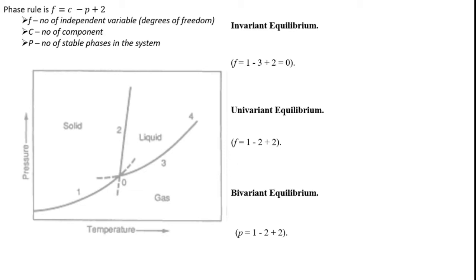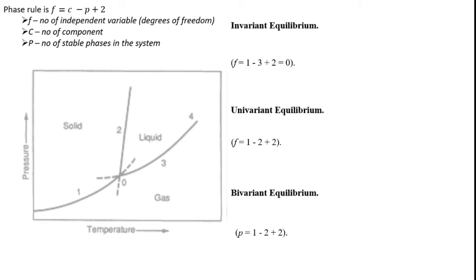Here I can show you the unary phase diagram, which is composed of temperature and pressure, with temperature on the x-axis and pressure on the y-axis. We can draw three curves, 1, 2, 3, and the third curve ends at 4. These three curves separate the phases available in this graphical area.